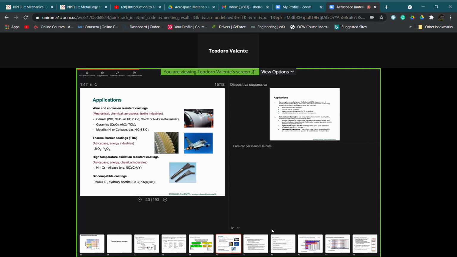Or tungsten carbide in a metallic matrix, which is usually a cobalt chromium matrix or nickel chromium matrix, even though there also exist some other examples in which ceramic phases different from tungsten carbide are used inside the metallic matrix. The matrix is more or less almost the same, and the ceramic phases are, for example, chromium carbide, Cr3C2, or titanium carbide.